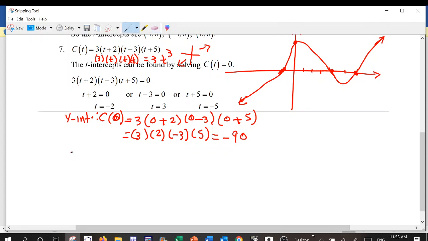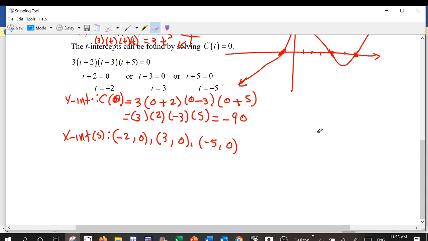Now, what about x-intercepts? X-intercepts are opposites of these numbers, right? So it's -2, 0, 3, 0, and -5, 0. So we can easily graph it. Let's graph it. Again, what do we have?